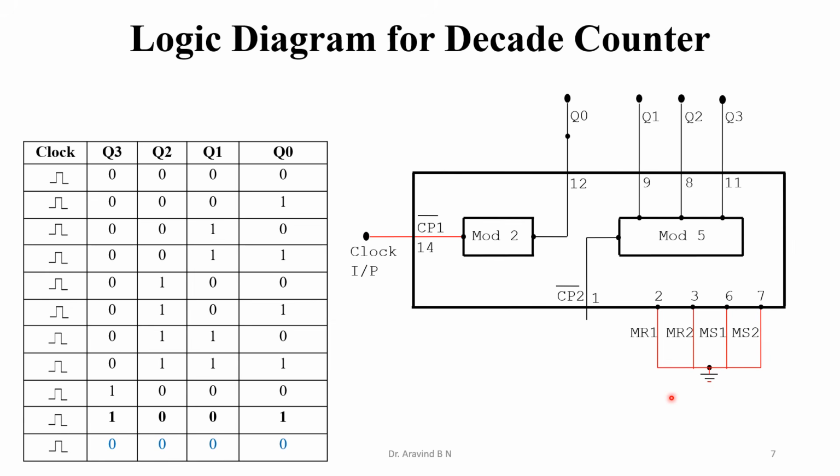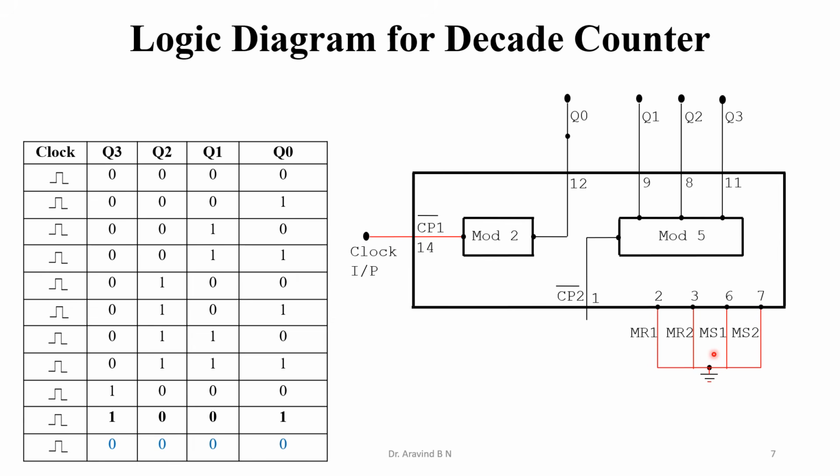Now coming to what we need to keep with respect to master reset as well as master set. Remember the functional table. In order to perform the regular counting operation when we apply the clock pulse, both master reset and master set must be equal to 0.